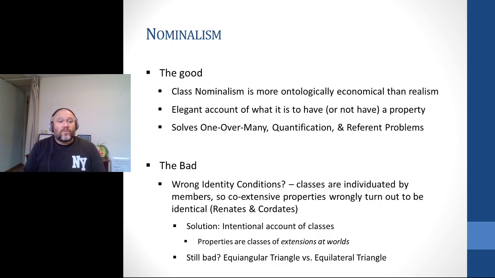So this is a really lovely and straightforward view. It's extremely ontologically economic because we don't have to posit two categories of entity. We only need objects, not objects and universals. It's also an elegant account of what it is to have or to not have a property. You just go look, are you in the set or are you not in the set? If you are, you've got the property. If you're not, you don't.